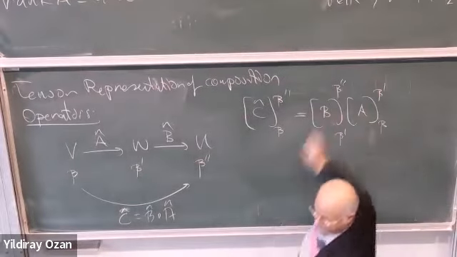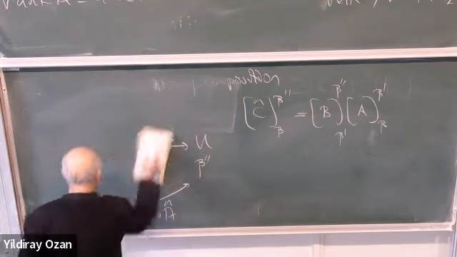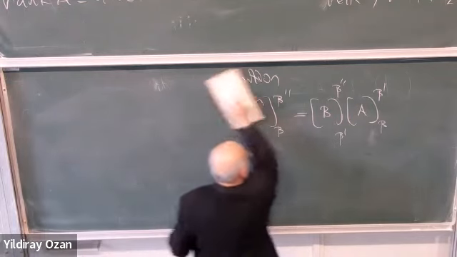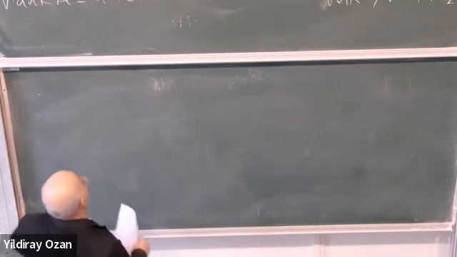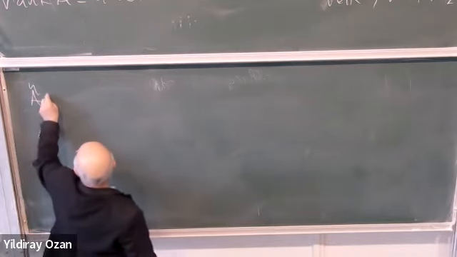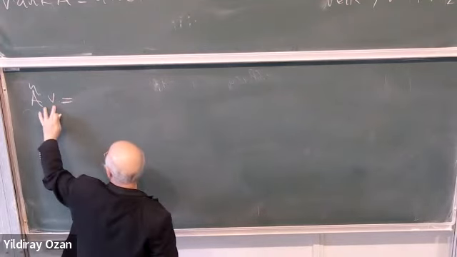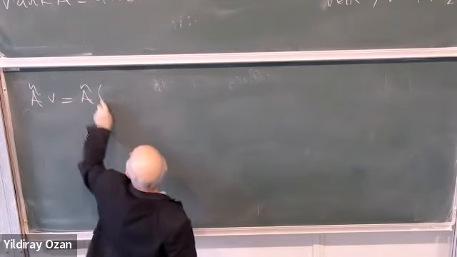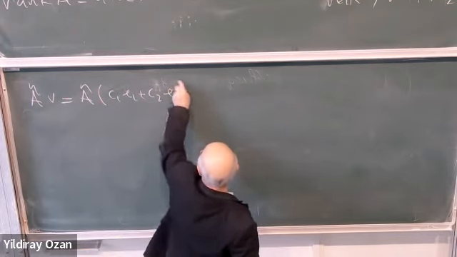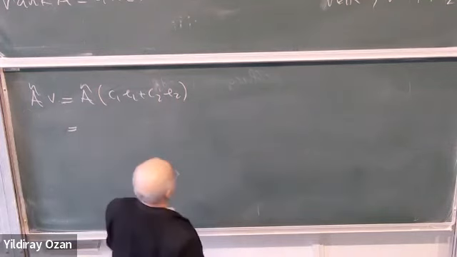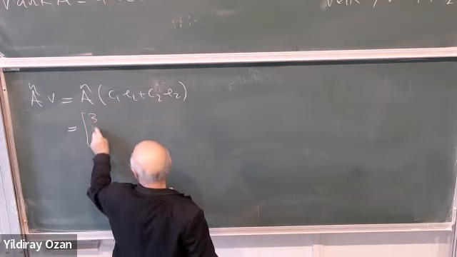So let's just compute the image. So A hat of v is what? Anything in the image has this form: A hat of C1 E1 plus C2 E2. But A hat is just this operator, this linear map, sorry.